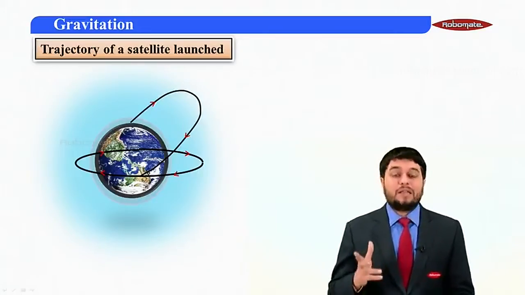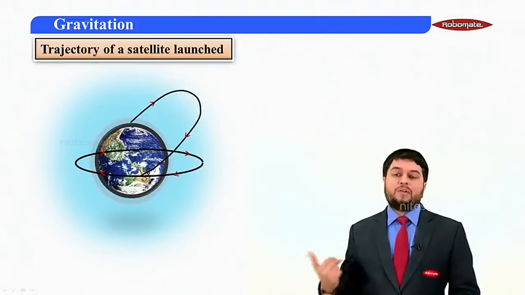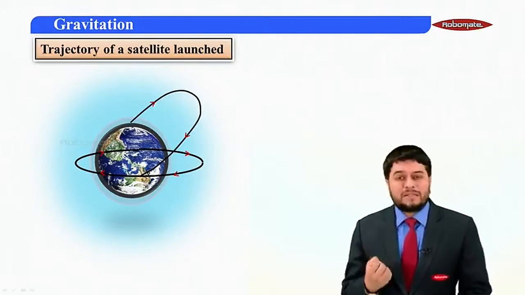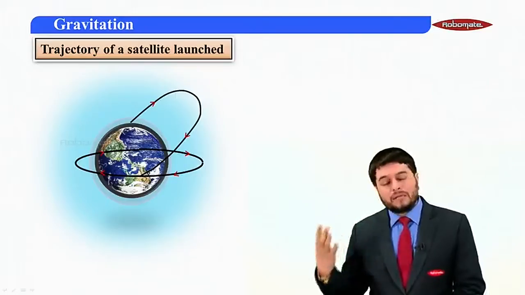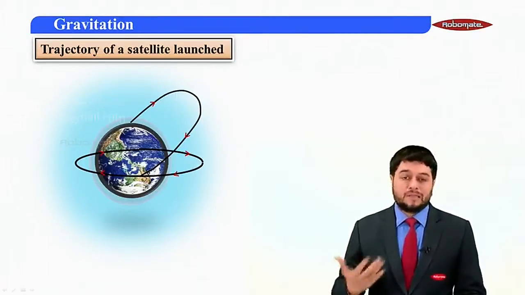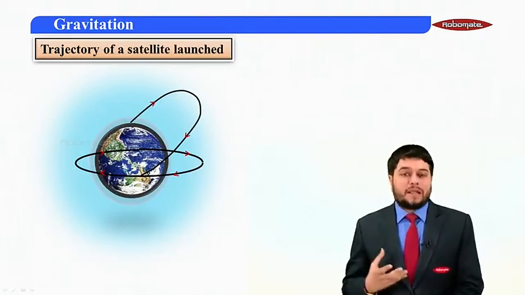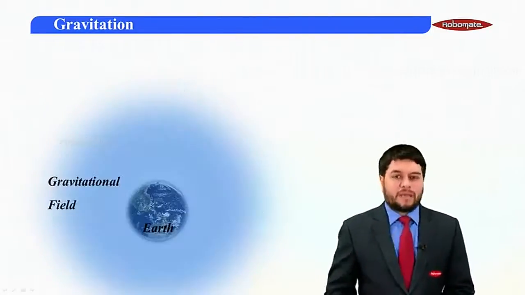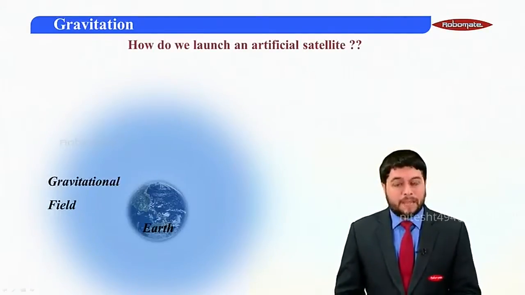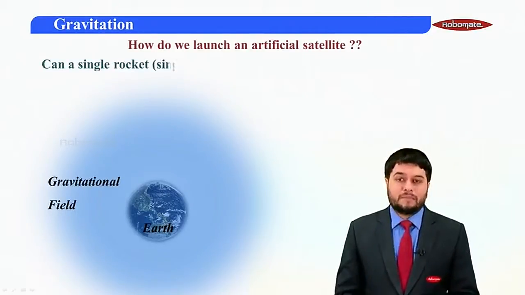It's a projectile trajectory velocity with which it is moved into a circular orbit, and then the launcher ceases and the satellite opens up and starts moving in that orbit for years and years to come. Let's consider the gravitational field and understand how we launch an artificial satellite.